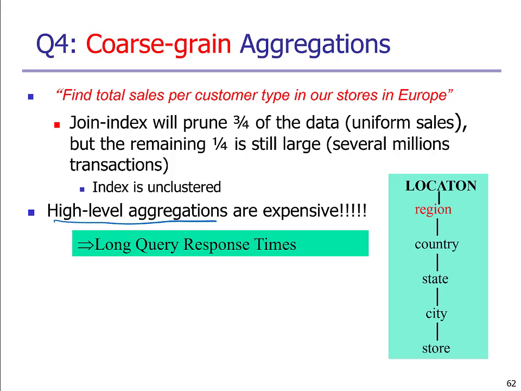If we use a join index, assume that we can prune 75% of the data, but we still have 1/4 of the total data. And considering the size of the fact table is quite large, this 1/4 is still large. Say it's several millions of transactions, right?